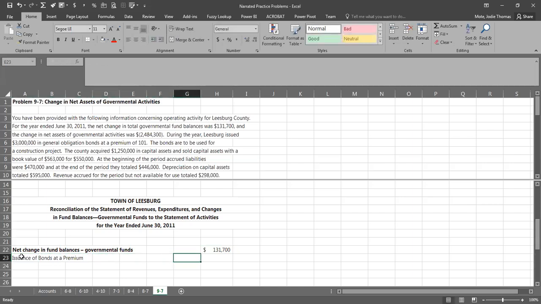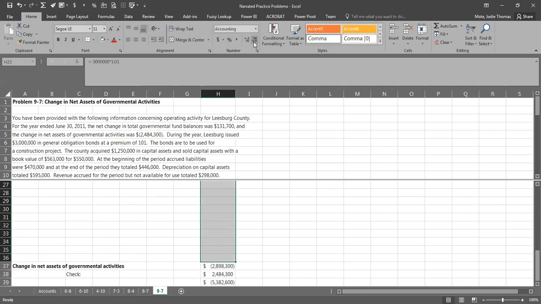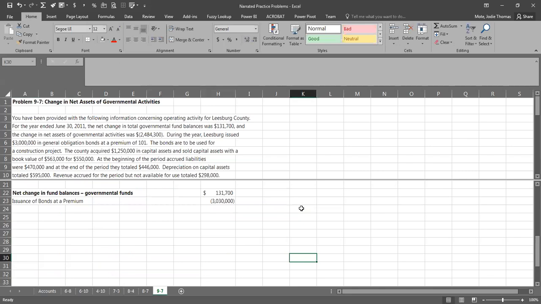We're going to subtract it out because remember it's included as revenue up here. So we're going to do equals negative 3 million 123 times 1.01, which is the same thing as 101. Let's go ahead and format everything here so it's easy to read. So we're backing out those bonds that were treated as revenue on the governmental fund side.